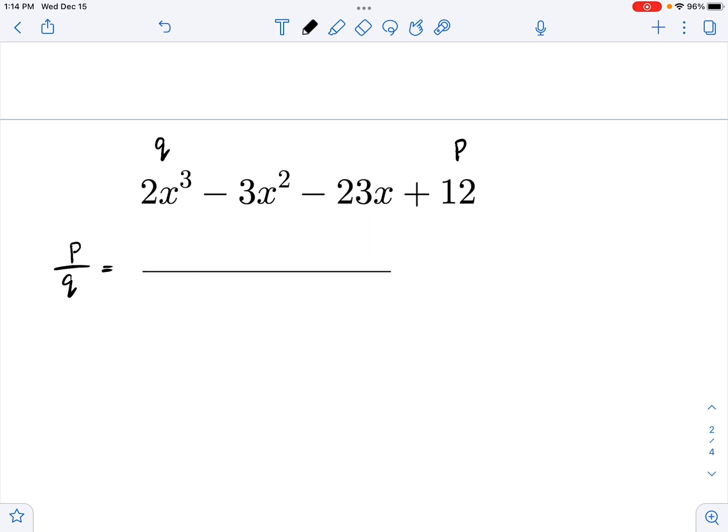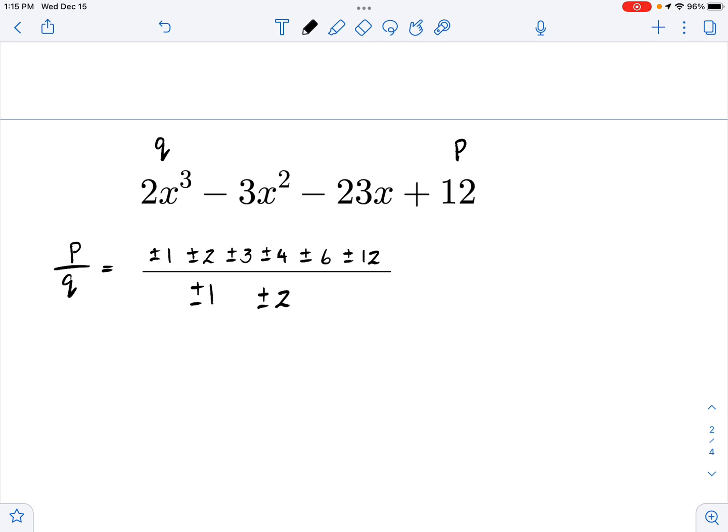P, 12 has factors plus or minus 1, plus or minus 2, plus or minus 3, plus or minus 4, plus or minus 6, and plus or minus 12. Those are the factors of 12. Q, that's my leading coefficient 2. Well, 2 is a prime. It has factors plus or minus 1 and plus or minus 2.